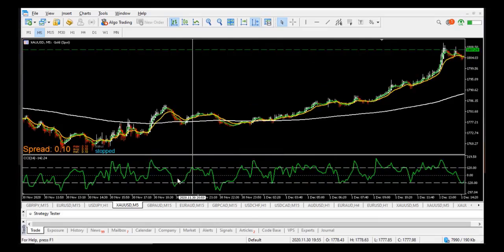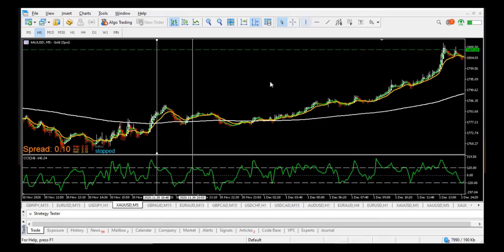For a buy signal, you want to check that the 4 EMA and the 12 EMA are above the 200 moving average, as described in this case. That's the first instance.